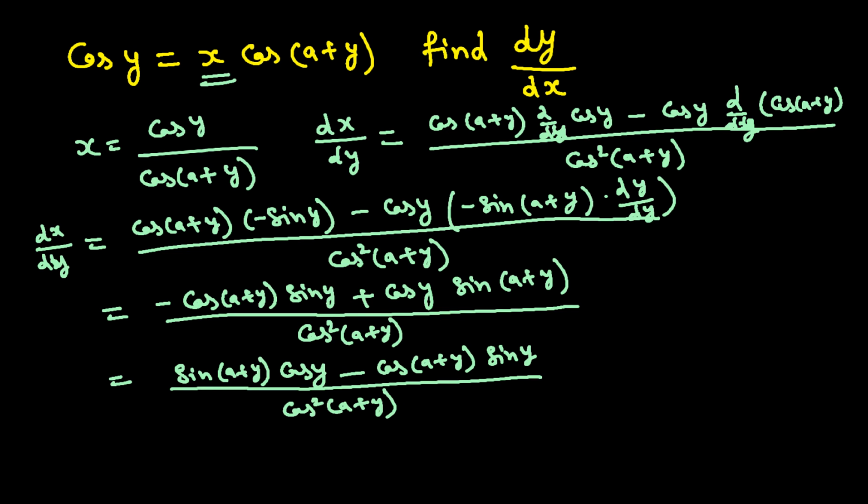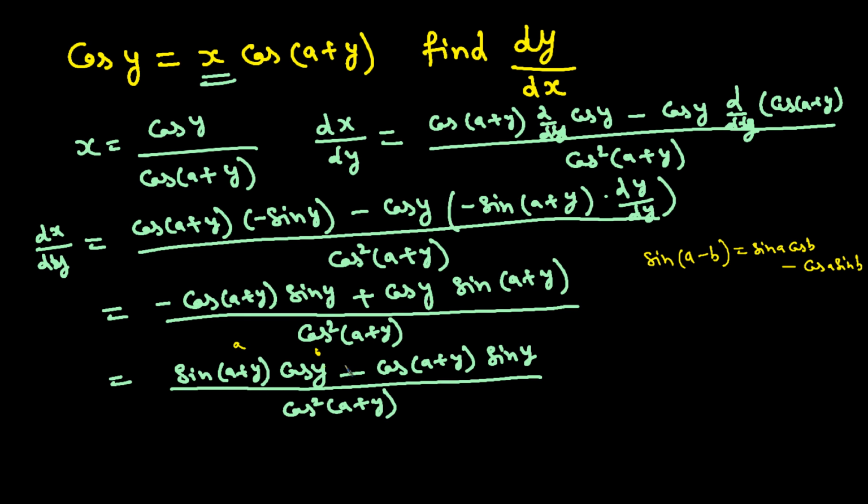Okay, so the trigonometric identity I'm going to use, you all may know it or not, but remember, sine of a minus b is equal to sine a cos b minus cos a into sine b. And if we look carefully, that's what we got over here. So this is my a and this is my b.